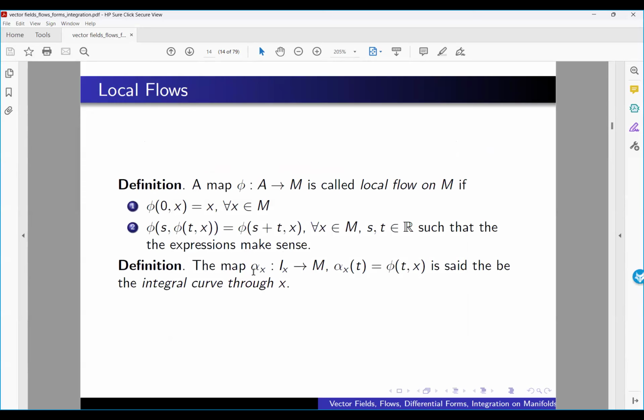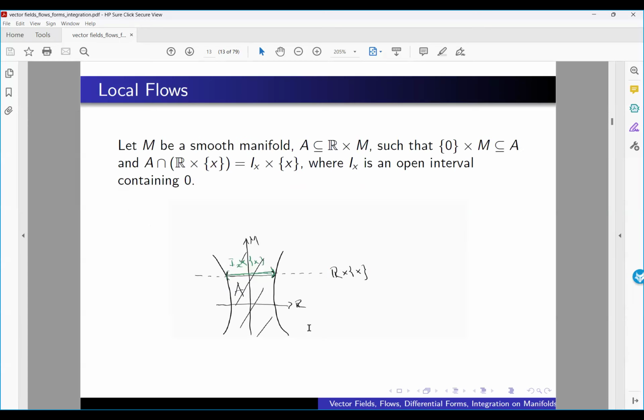So the domain on which we define this map phi must look like this. You see, so I try to sketch it here to try to represent it. So it's a subset of R times M, which contains 0 times M, right? So every time you cut this by R times X, you get an interval times X, right?